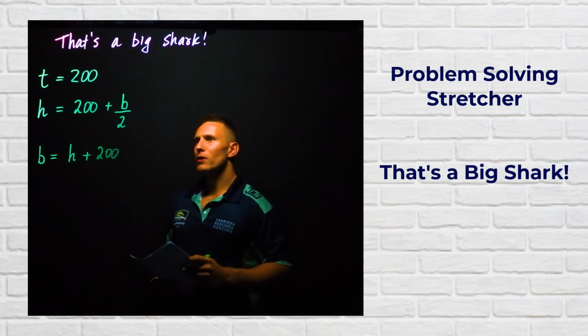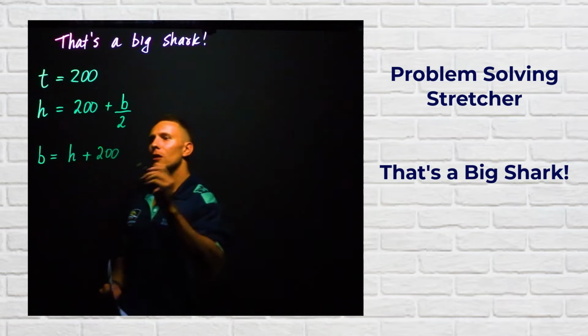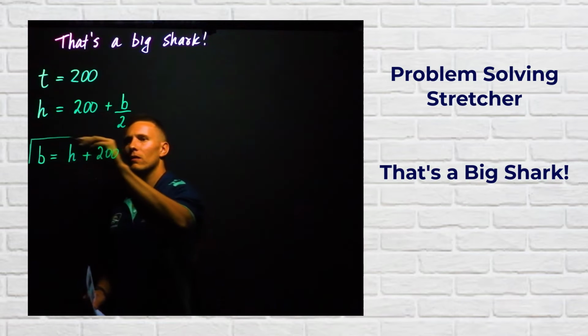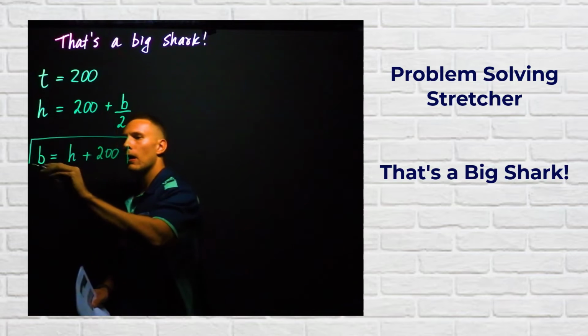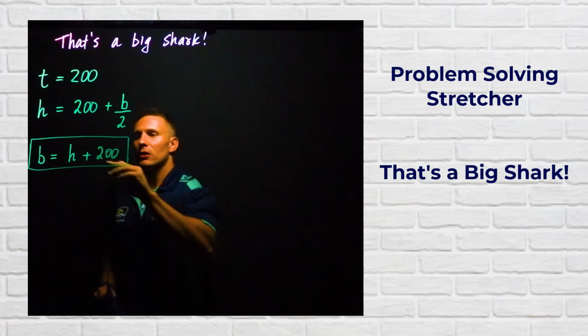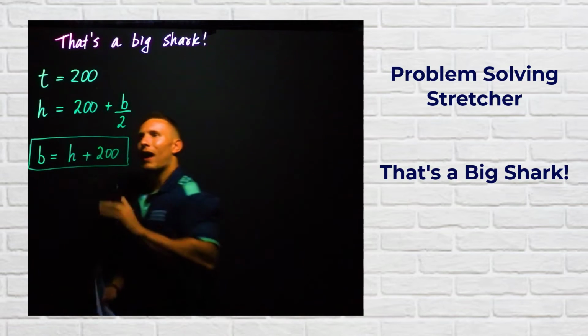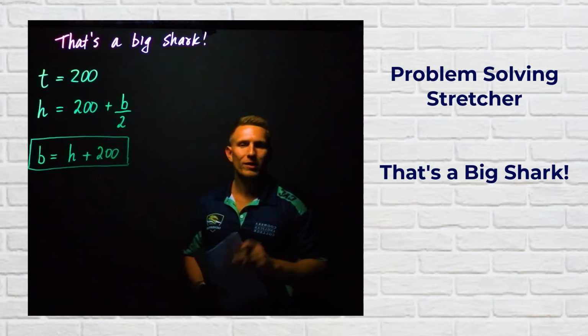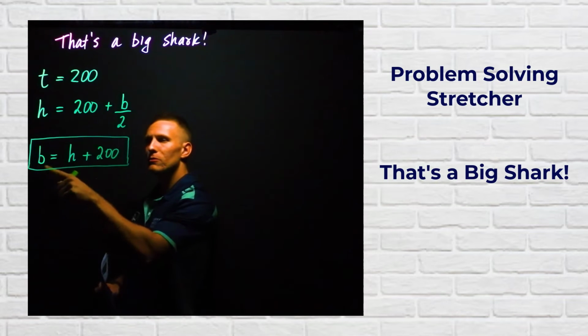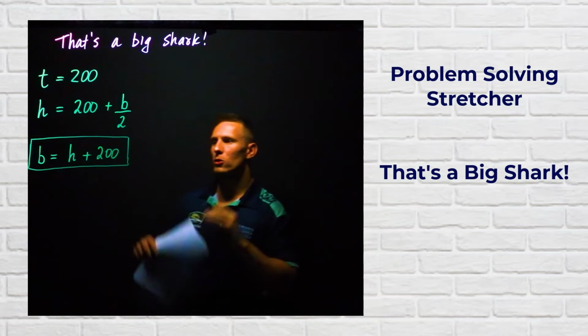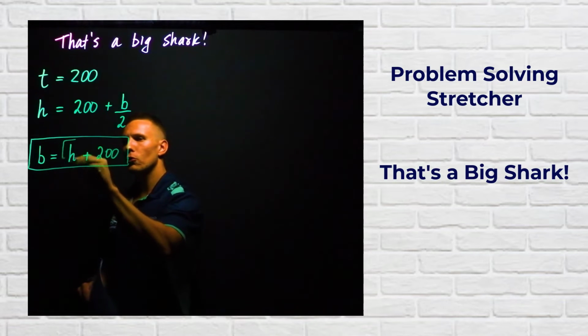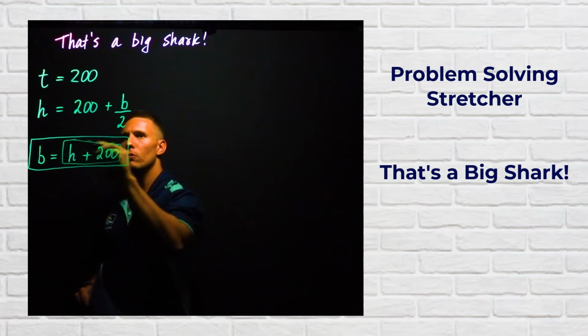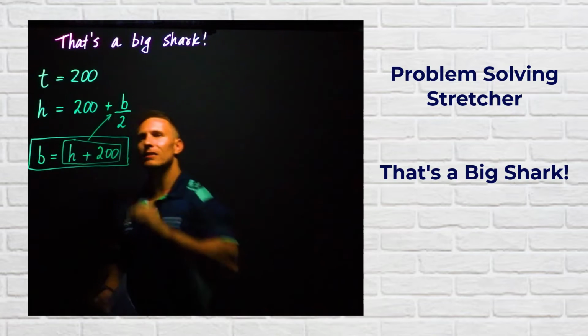So what we're going to do now is use this particular equation to solve what h is, okay? So we can work out what the head is by substituting in our value for b. So we know that b is equal to h plus 200, and what we're going to do is put it into there.